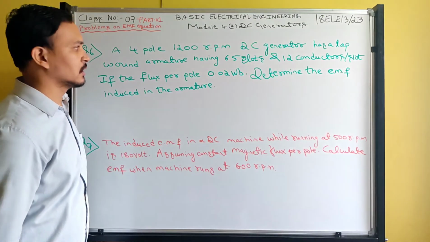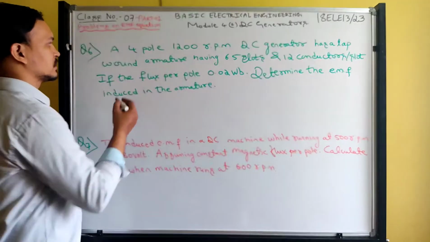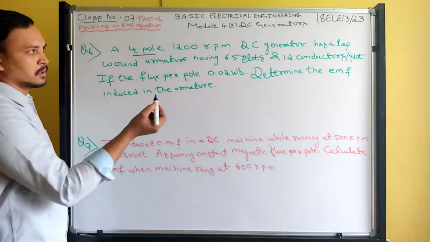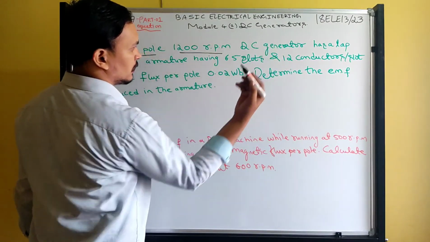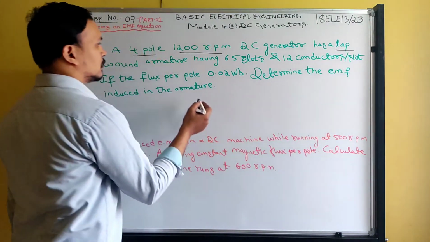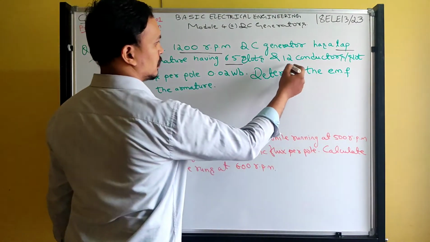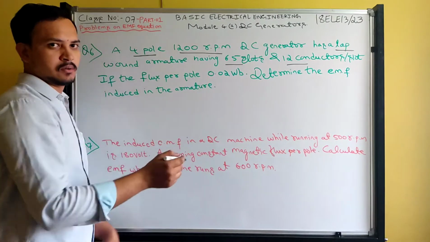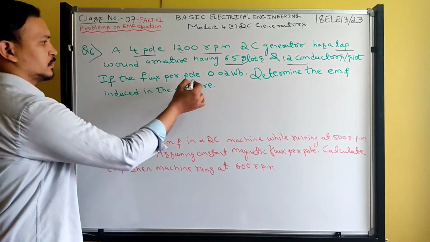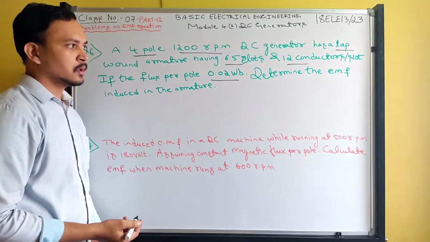Like, we can analyze this question number 6. 4 poles given, speed is given, generator, lap winding, armature 65 slots, 12 conductors. Multiply those two, you get total conductors. Flux per pole 0.02 Weber.